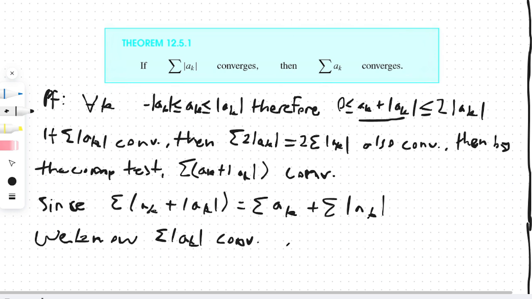And from there, we know that the normal series of just a_k with no absolute value also must converge.